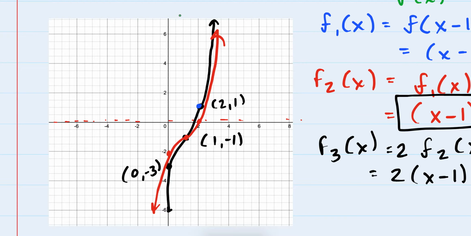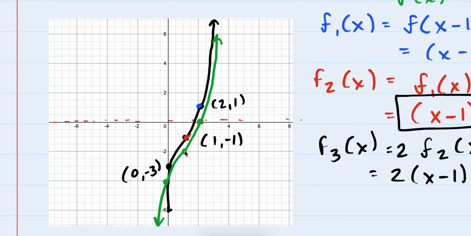Well, if we multiply by 2, the y coordinate changes. This point, 1, negative 1, will become 1, negative 2, which means we're going to move here. And negative 2 will become negative 4. So what you're going to end up with is this graph here, which is not the correct graph. The correct graph is this one right here, this black one.